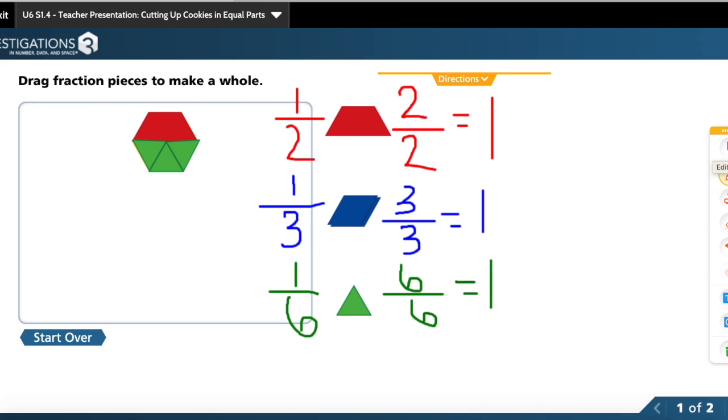So what that makes me think is that I have 1, 2, 3 pieces, and how many would it take to fill up my whole? It would take 6, because that's my fraction. How many that I have of my green triangles? I have 3. It would take 6 to complete my whole, so 3/6 is equal to 1/2.